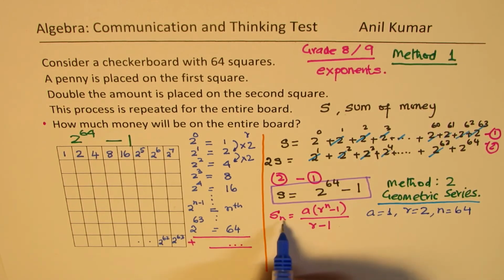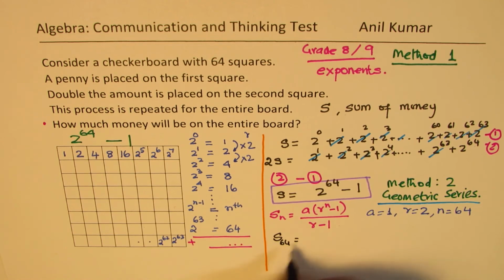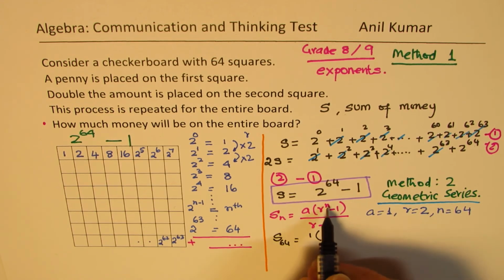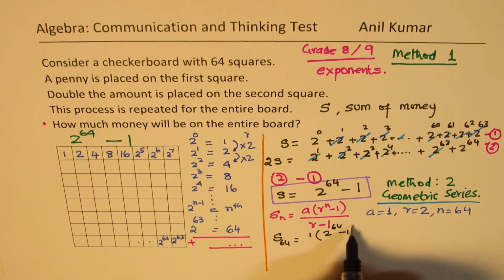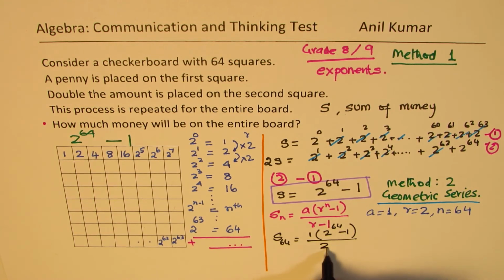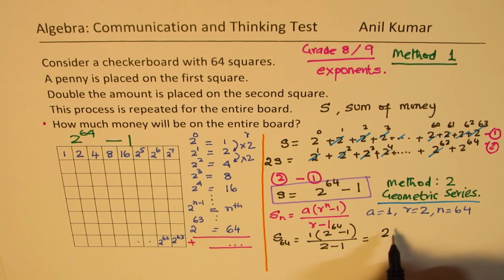So when I place these values in the formula, then we get sum of 64 boxes, the amount placed here will be 1 times 2 to the power of 64 minus 1 divided by 2 minus 1. Now 2 minus 1 is 1, so we are left with 2 to the power of 64 minus 1.